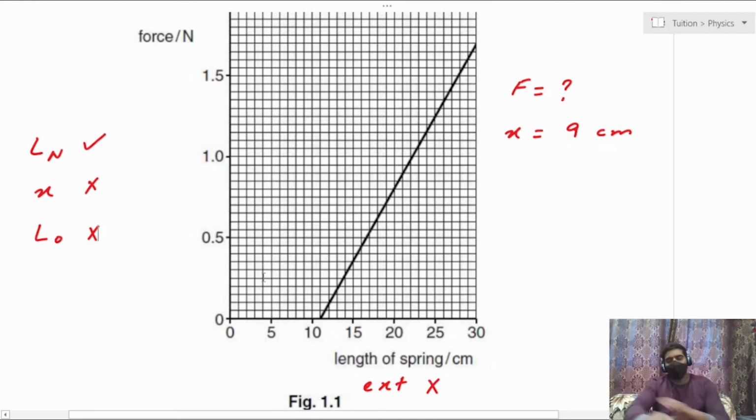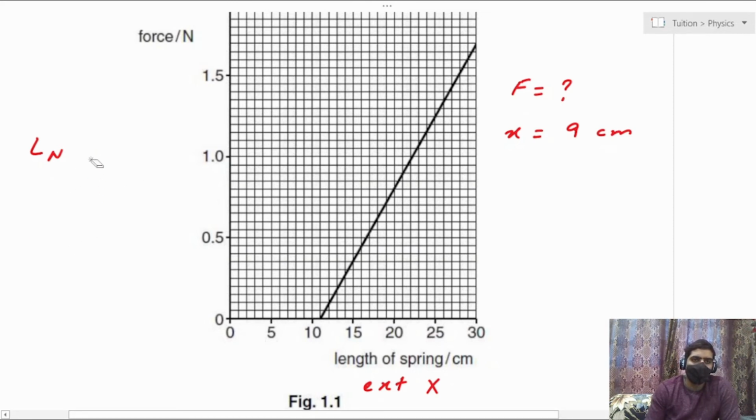So what I can do is find out from the graph the new length of the spring, or the length of the spring when it extends by 9 centimeters. Let's find it out.